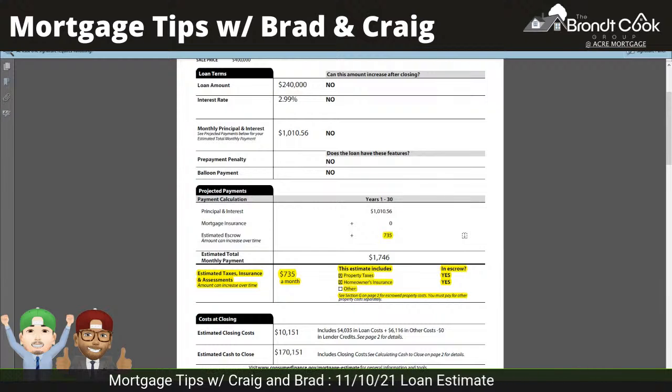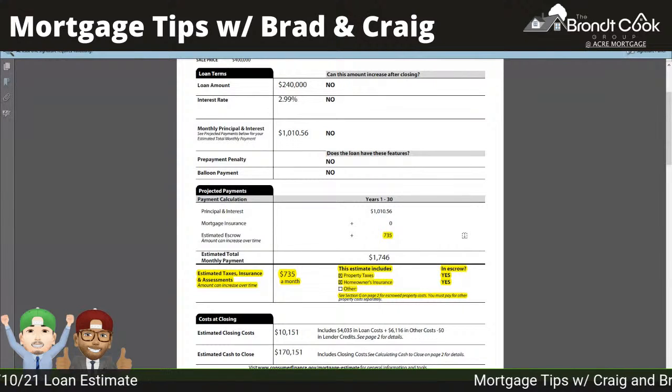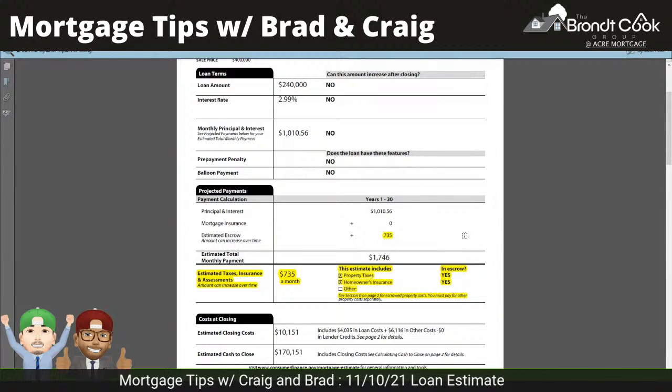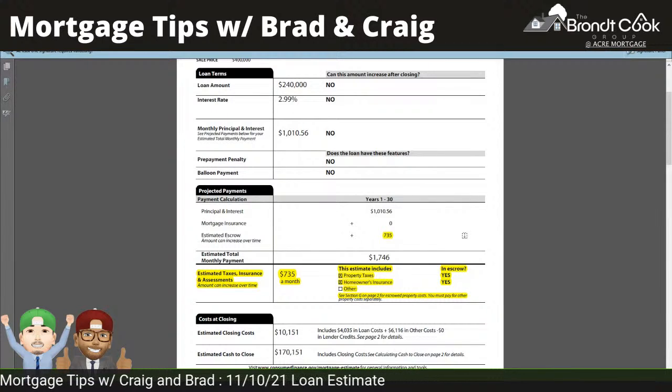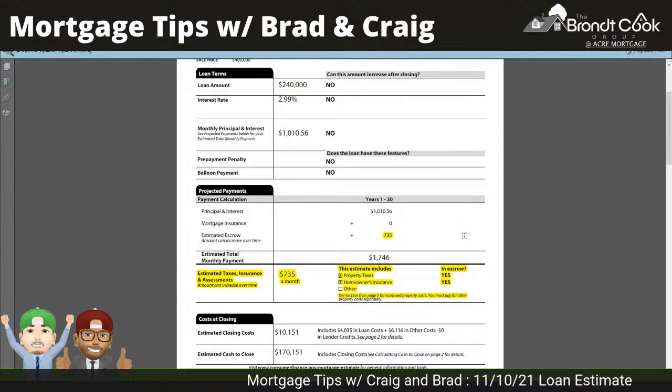The other question I get a lot, which we'll go over in the next section, is about the escrow. Just so you guys know, this money that you're paying, those things are collected in advance. So when you go to settlement, you're going to see on the next page that we're going to collect 12 months of insurance up front. This escrow is being collected so the next time that bill comes due, you have enough money in the account to make it.